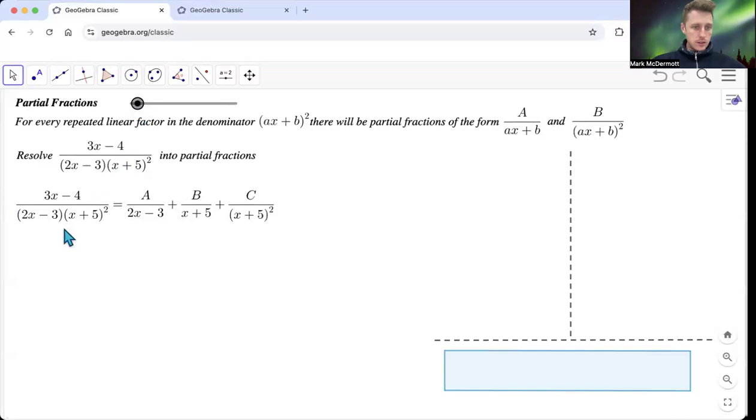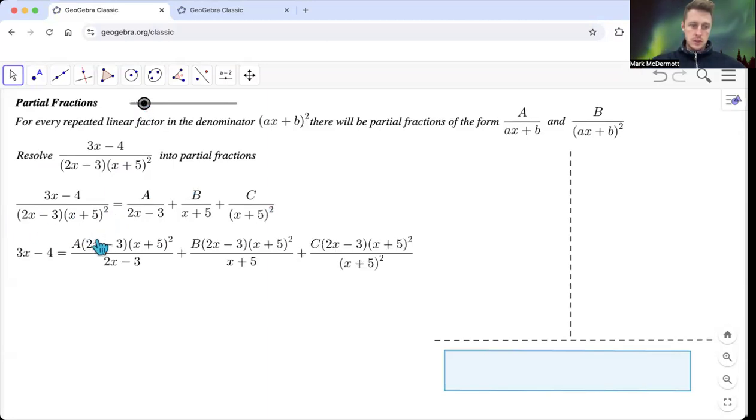Okay, and then the next thing we're going to do is multiply all of this right-hand side by this denominator. So what you'll get is this, and it's going to look very messy, but let me explain. This first fraction, A on (2x - 3), is multiplied by (2x - 3) and (x + 5) all squared. So then what you'll notice is (2x - 3) in the numerator and the denominator will cancel out.